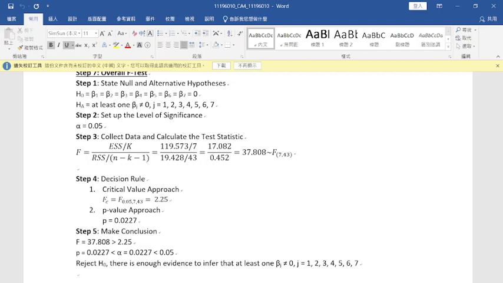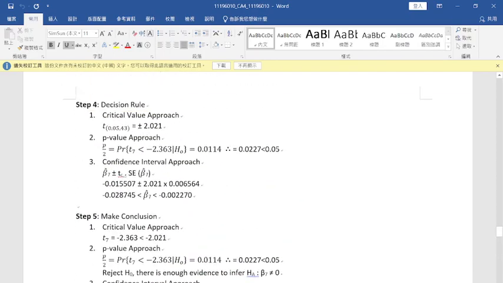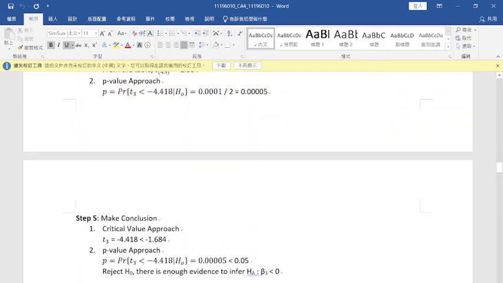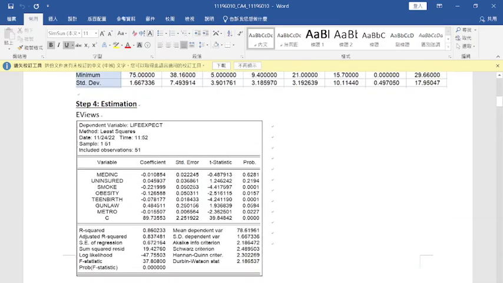What is the probability for this overall F test? The p-value. Where is it? The p-value is here. It's almost 0 instead of 0.22 something.